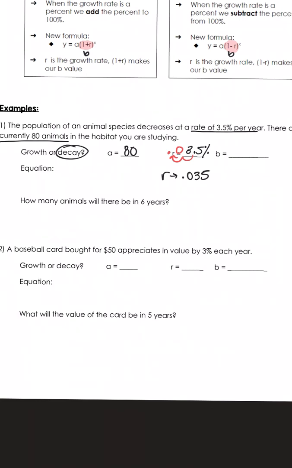So now to find B, because this is decay, I'm going to do 1 minus that 0.035. I should have grabbed a calculator first. 1 minus 0.035 is 0.965.